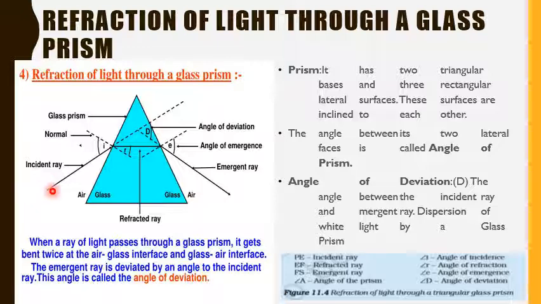Now again you see here this ray, this is the incident ray. Incident ray means light is coming from this side and it is falling on the prism. Now when light is coming from this side, it has to fall on the prism and go straight. Do you see this dotted line? But instead of going straight, as it is entering from a rarer to a denser medium, this ray of light changes its path and moves towards the normal.